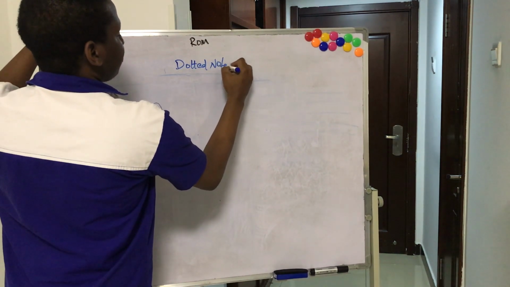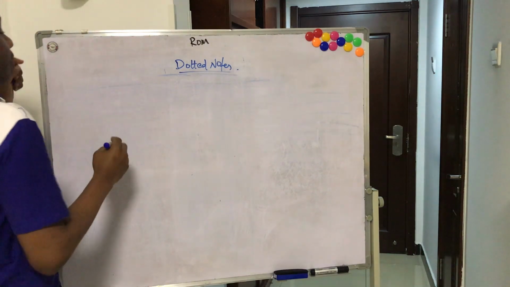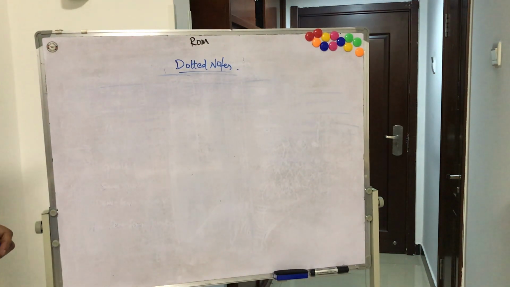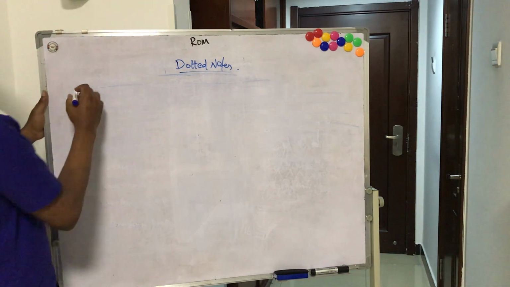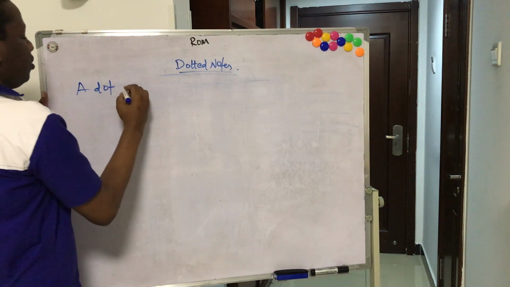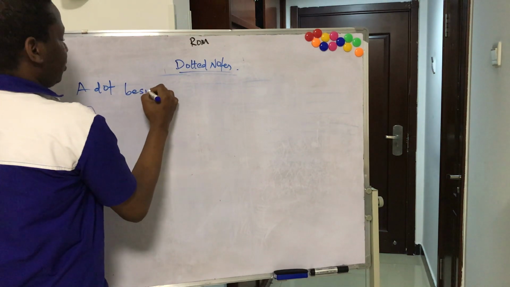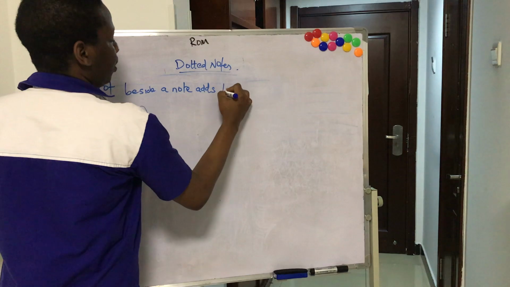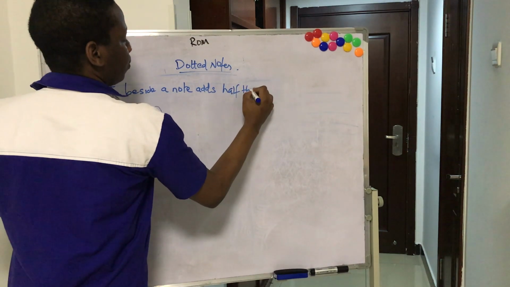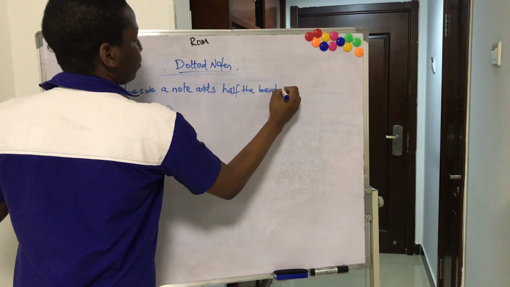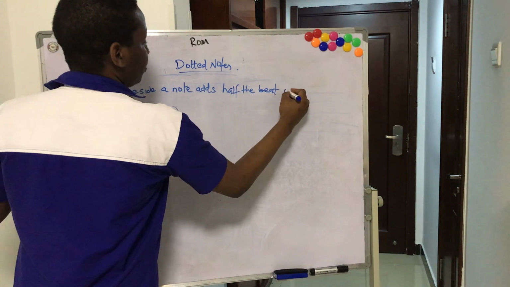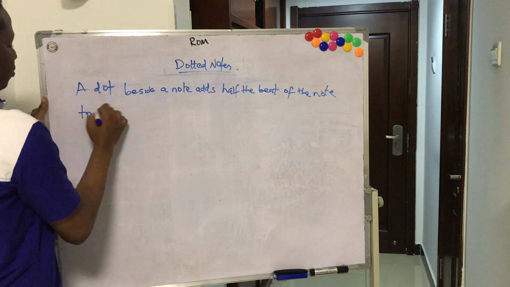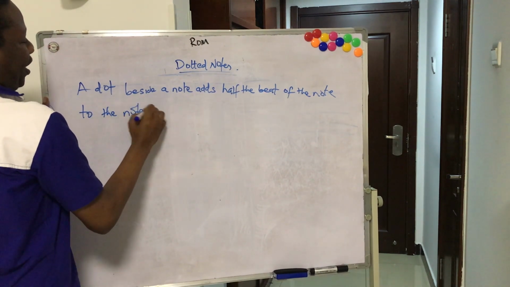Dotted notes. So this is under notes. Let me just write it this way: a dot beside a note adds half the beat of the note to the note. That's the definition.